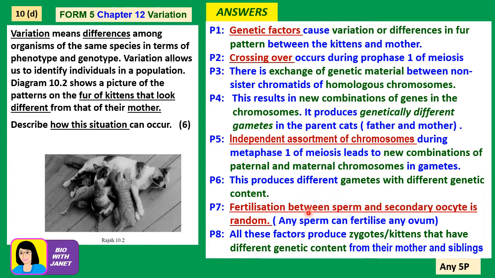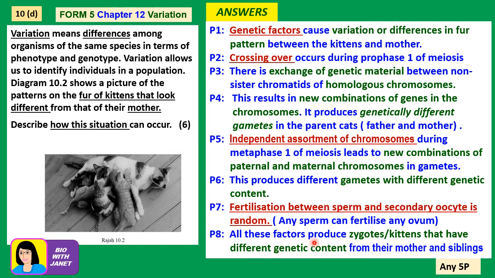Now, the third one is fertilization between sperm and secondary oocyte or ovum. It occurs randomly in the mother cat. So any sperm can fertilize the ovum, and this will lead to new combinations of genes in the zygotes.